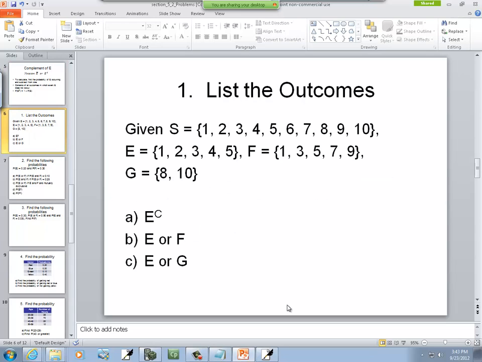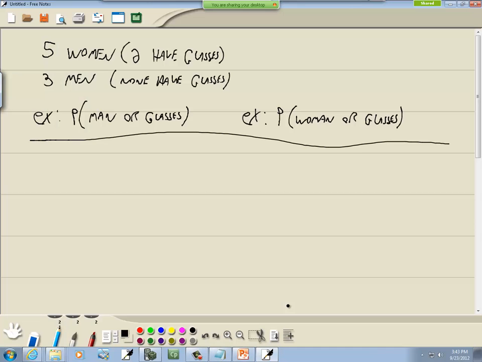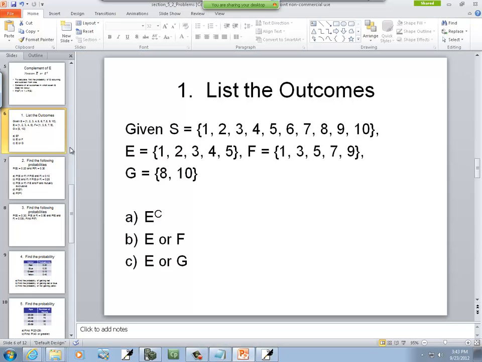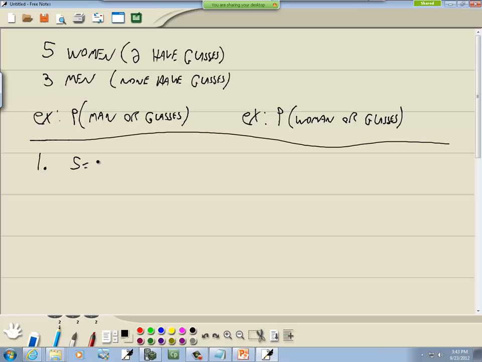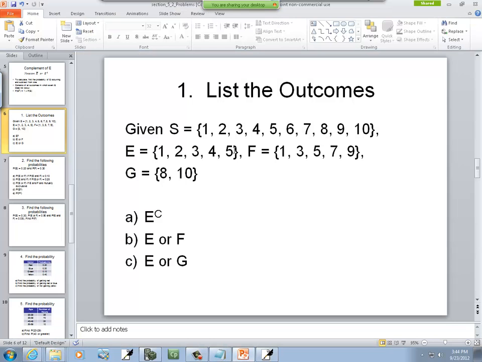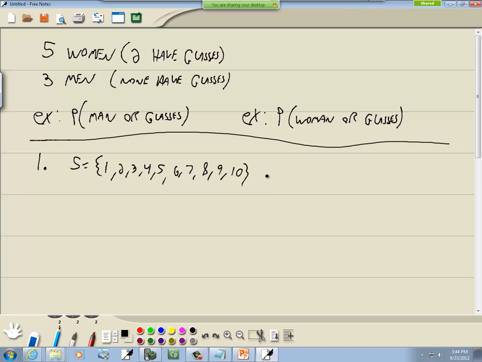Let's look at some problems. Now, S is equal to 1 through 10, and E is 1 through 5.